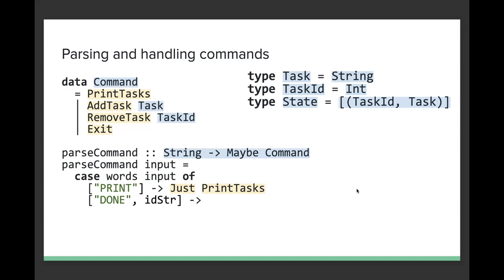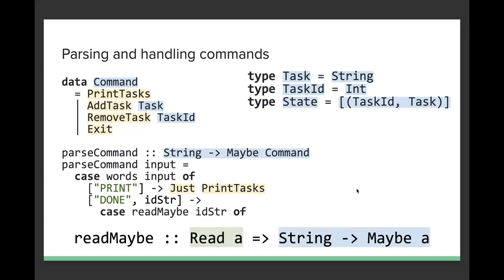Now, of course, words returns a string. An identifier of the task is declared as an integer, right? So for that, I will be using a function called readMaybe, which has this type. Now, this type reads as follows. It's a function from string to Maybe A, for any type A that is an instance of type class Read.